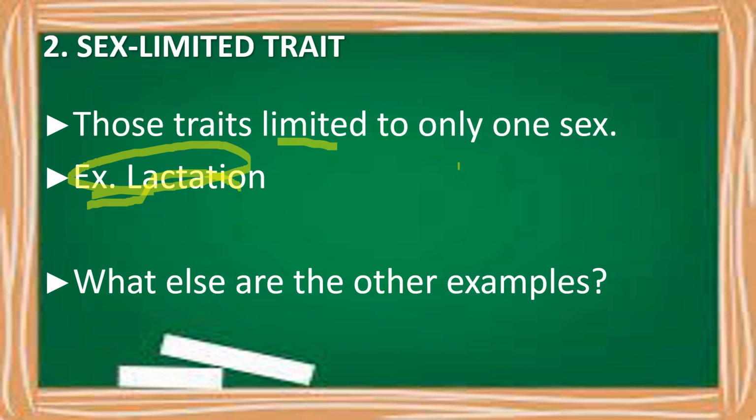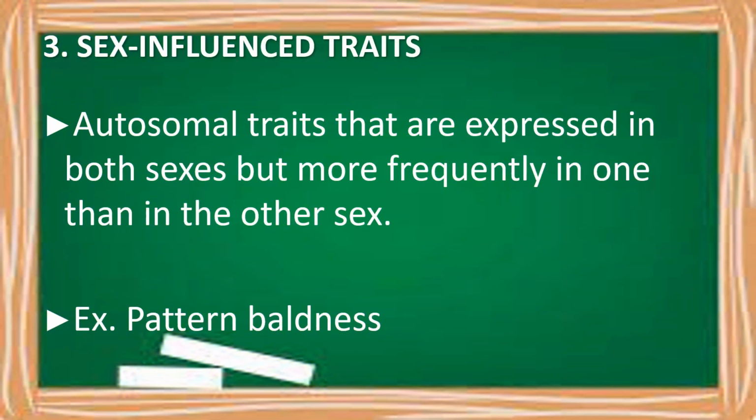The best example is lactation, the production of milk. Number 3, sex-influenced traits are found in both sexes, male or female, but appear more frequently in one sex compared to the other. An example is pattern baldness. Baldness is more common in men than in women.